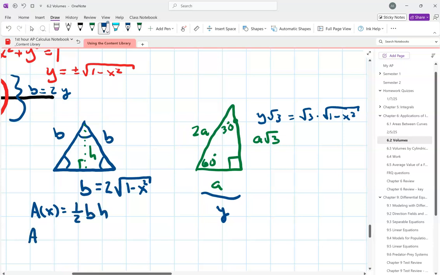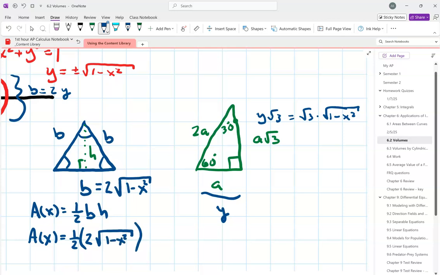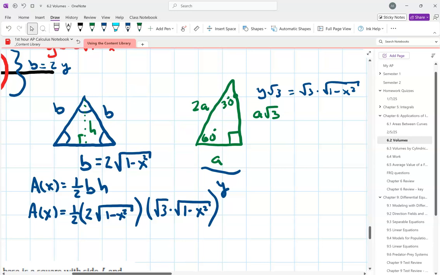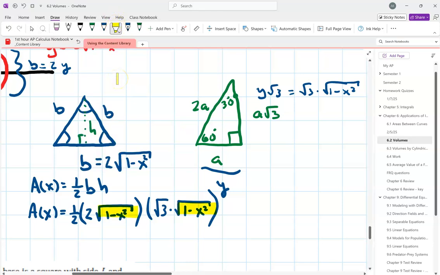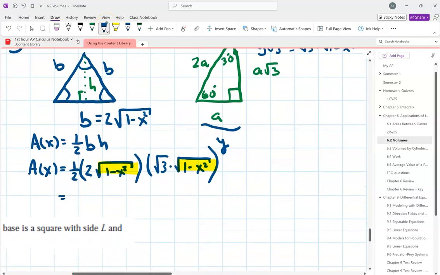So my area function then, if it's 1/2 base times height, the base is 2 times square root 1 minus x squared, and then my height is square root 3 times square root 1 minus x squared, which I'm super excited about. Because what's going to happen? When I multiply these two together, those square roots cancel, and boy, that makes the integration a whole heap easier, right? So what we are left with is just square root 3 times 1 minus x squared.